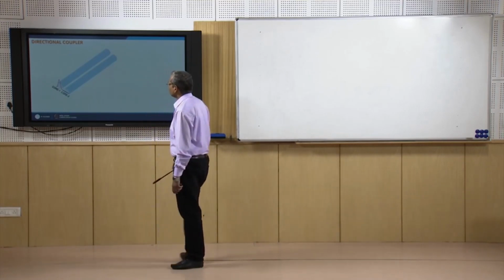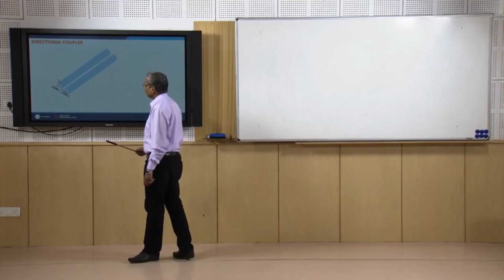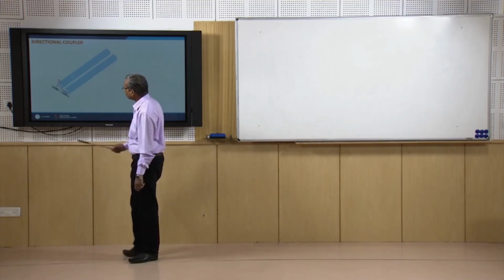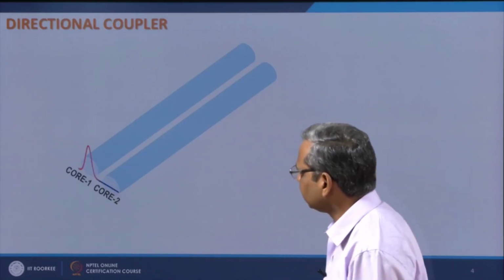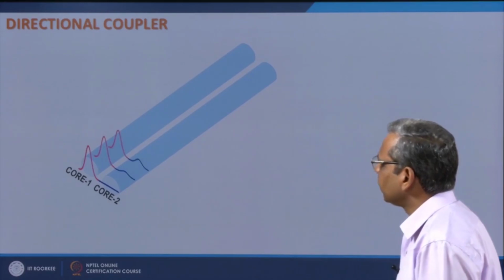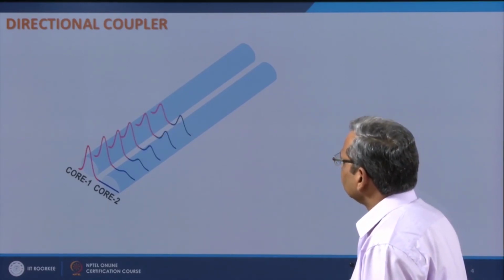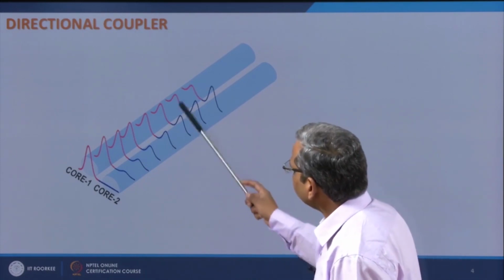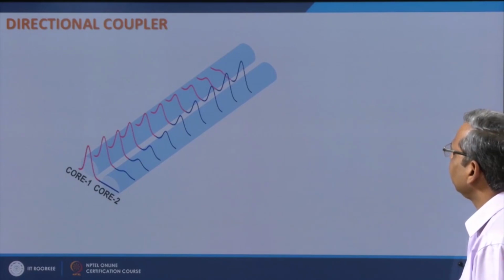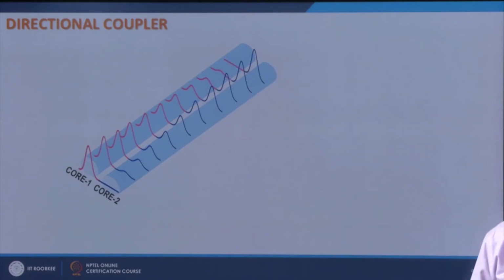So, what is a directional coupler? If we have two cores which are put together very close to each other, and we launch light in core 1, then as this light propagates through this composite system, there is a redistribution of power between the two cores, and after a certain length all the power will come out of the other core.